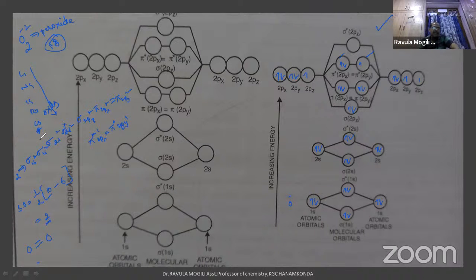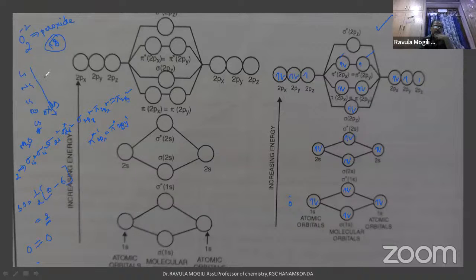The formula of the oxides is M2O. What is the formula of oxides? M2O. But here sodium to cesium, they are formed peroxides, M2O2.